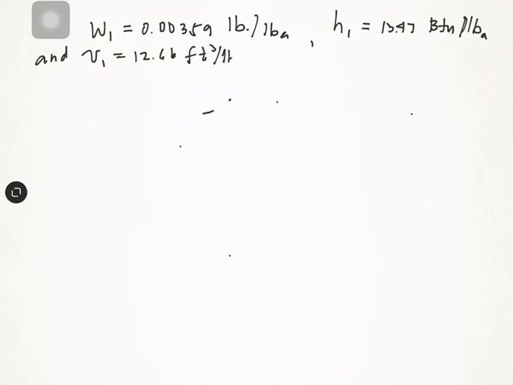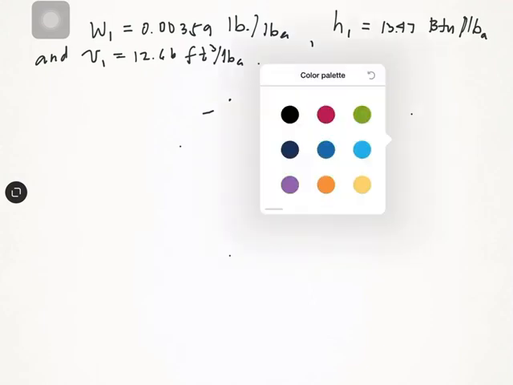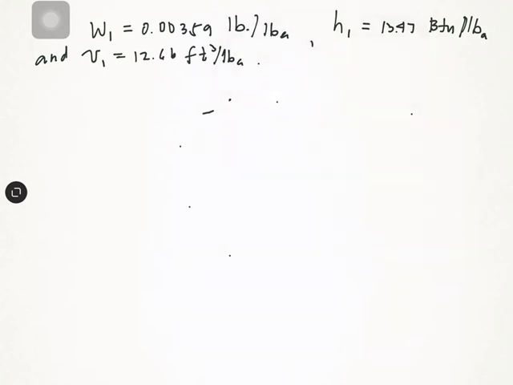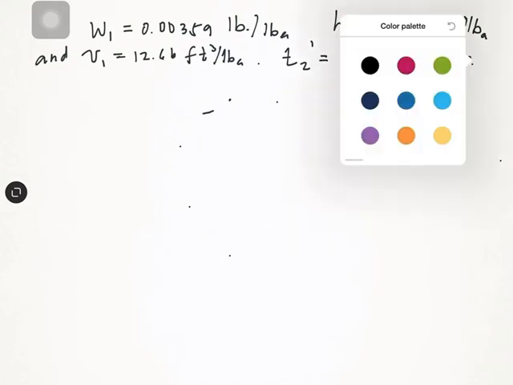By the psychrometric chart, you can have T2 here is 140 Fahrenheit, and you have W2, this is 0.00359, which is equivalent to W1.